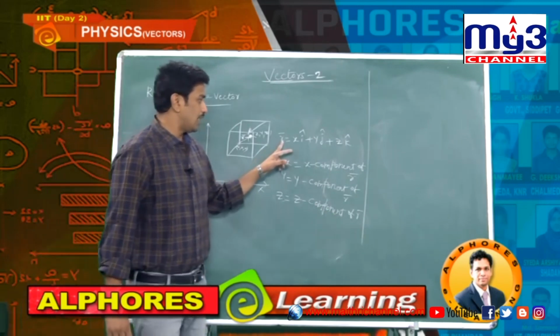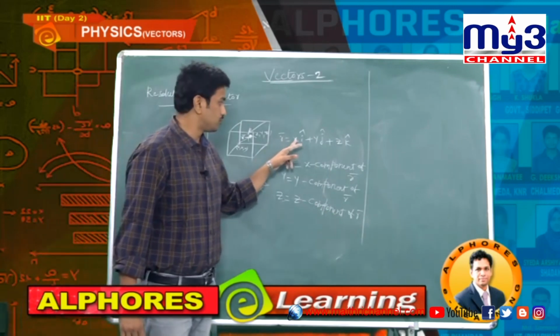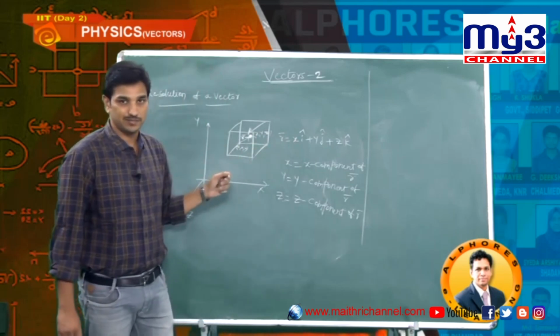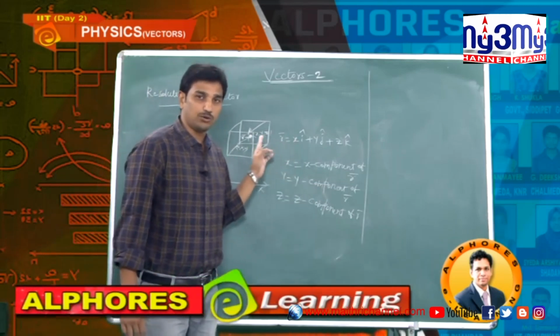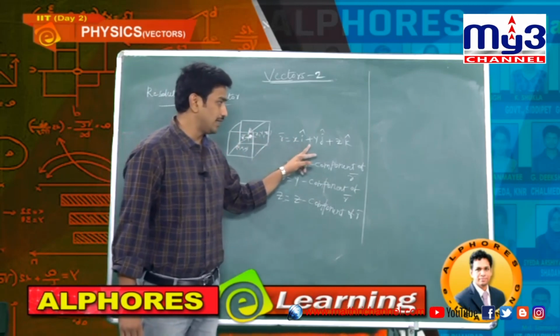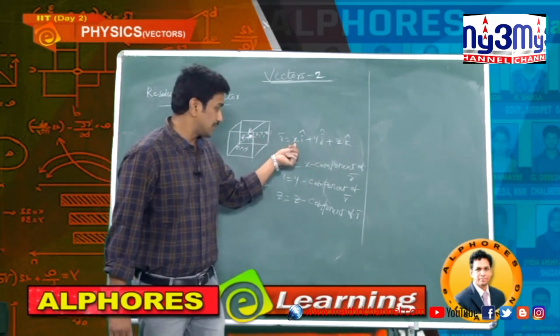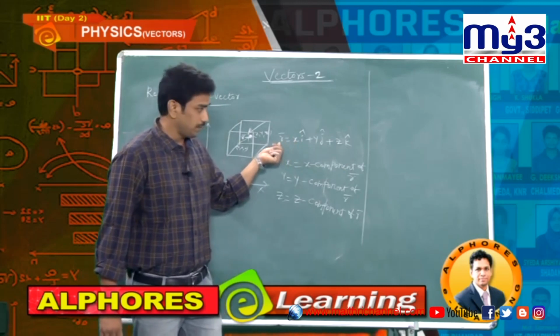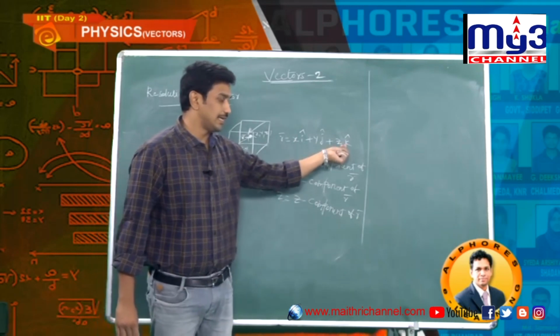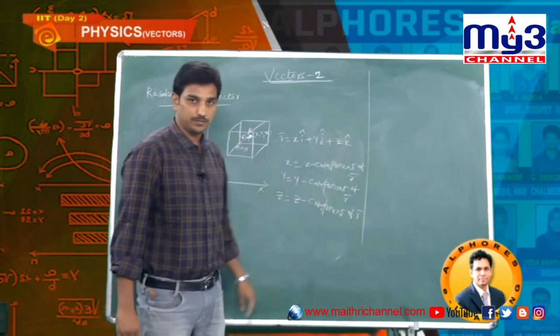Here R bar has 3 coordinates: x coordinate, y coordinate, z coordinate. We know how to represent this point in vector form: x i cap, y j cap, z k cap. X is the x component of R bar, y is the y component, z is the z component.